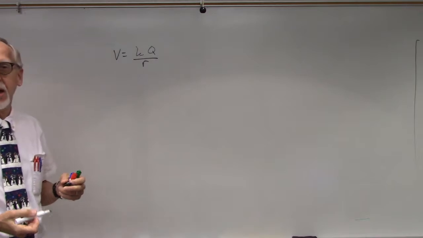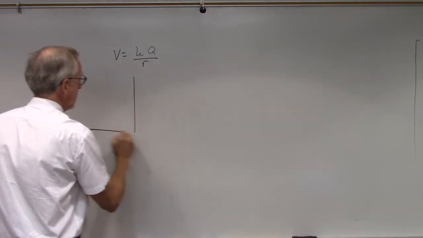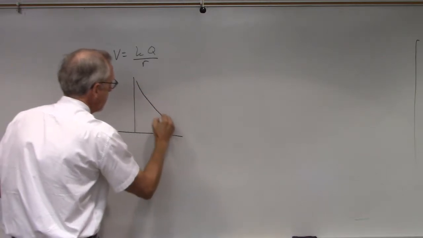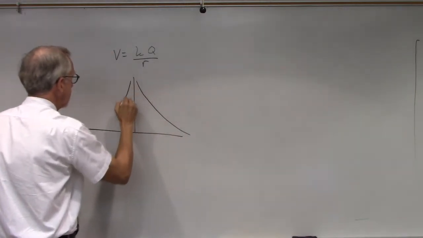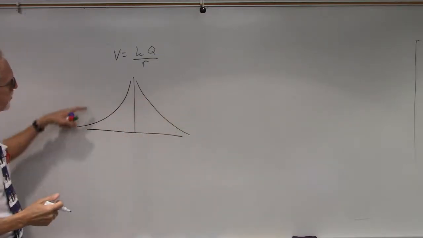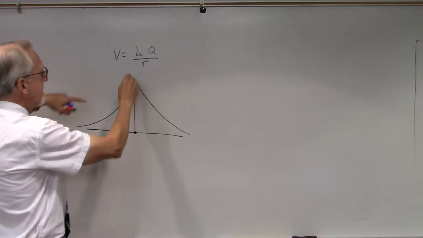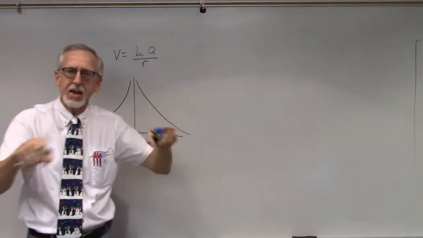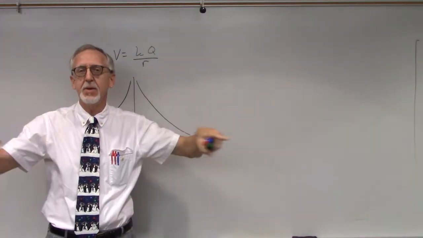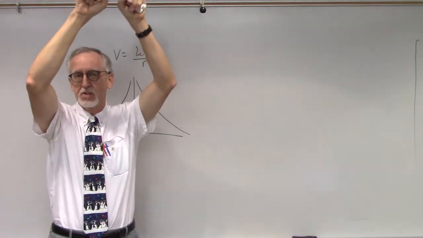For a point charge, V is equal to KQ over R. If we were to sketch this, we would end up with something like this from one side to the other. We might think of the positive charge here at the origin as creating a very steep hillside that goes up to infinity, so to speak, as R goes to 0.